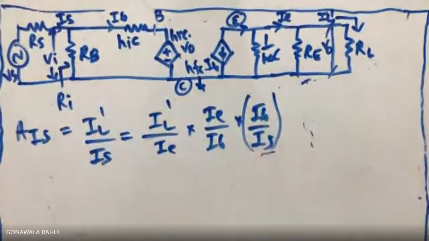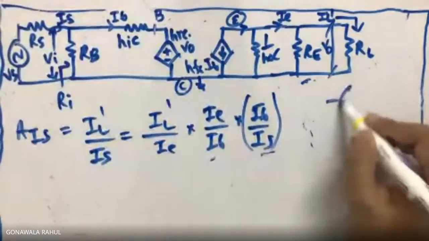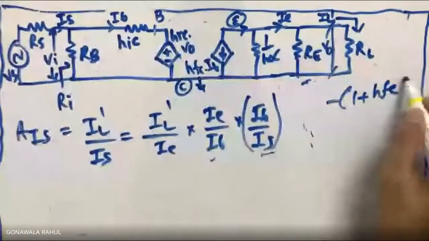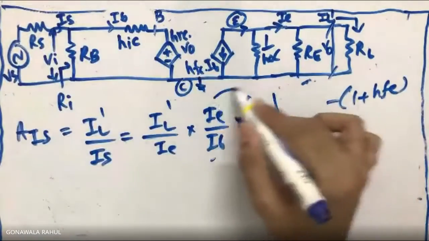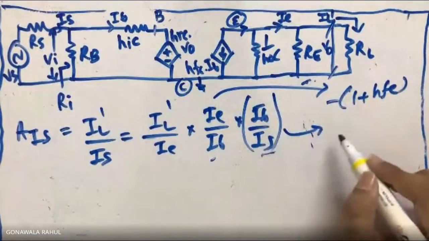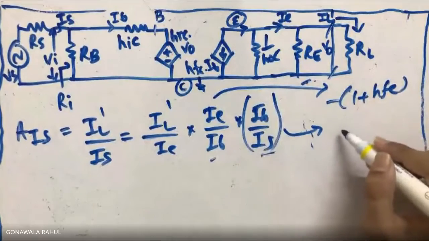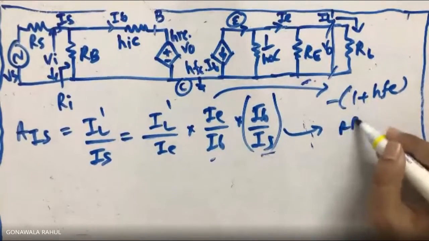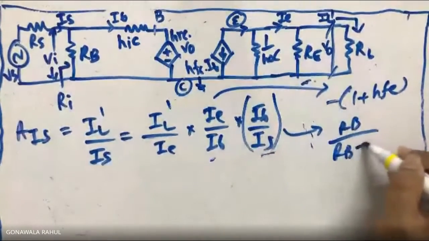Now next, I by IB. I have put that as equation number 2, and this is minus 1 plus HFE. This term we have already derived, and that was RB upon RB plus RI.